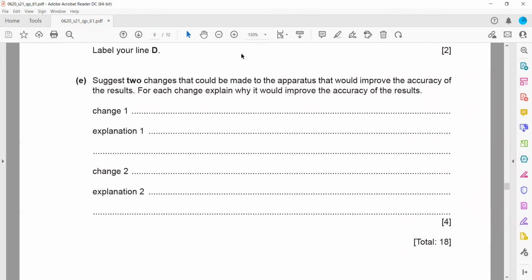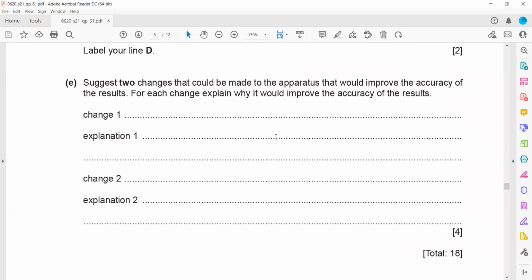Suggest 2 changes that could be made to the apparatus to improve the accuracy of the result, and for each change explain why it will improve the accuracy of the result. Whenever you're measuring a certain volume, you're using here a measuring cylinder. Because a measuring cylinder is not accurate.